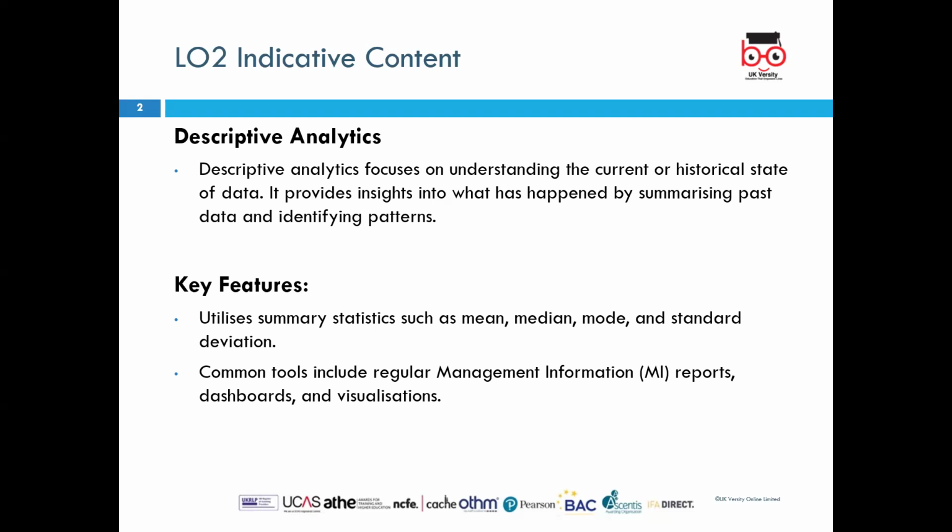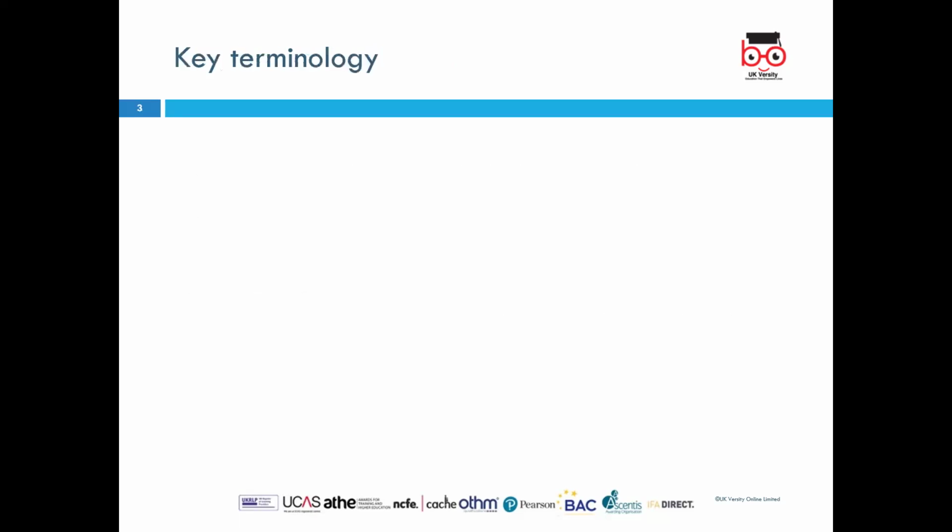It is analysis based on evidence, where the key features utilize summary statistics, such as the mean, median, mode, and standard deviation. The common tools include regular management information (MI) reports, dashboards, and visualization.